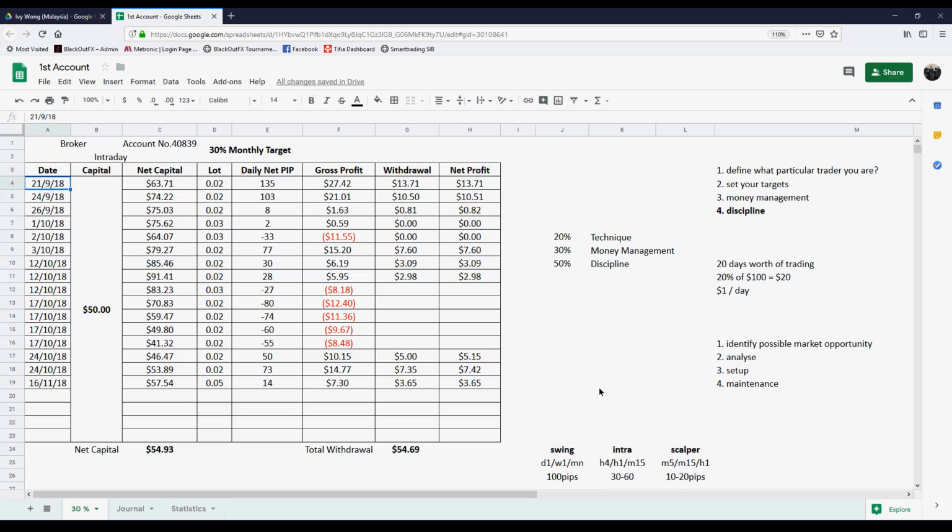As you can see here, dated last year in September, she first started with $50 USD, and her target was about 30%.